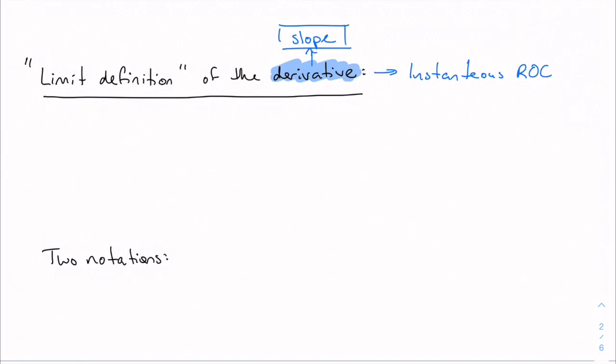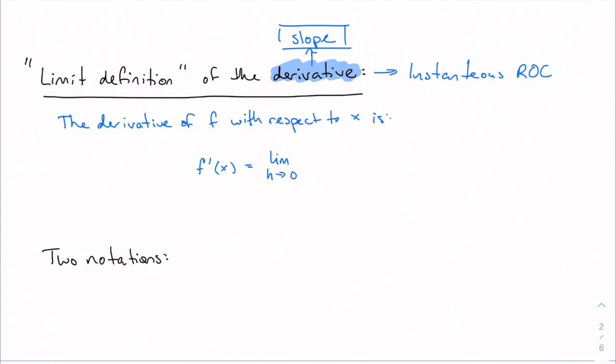Okay, well then, we'll say that the derivative of f with respect to x is, and we have this f prime of x notation. And that's going to be equal to exactly the instantaneous rate of change formula.